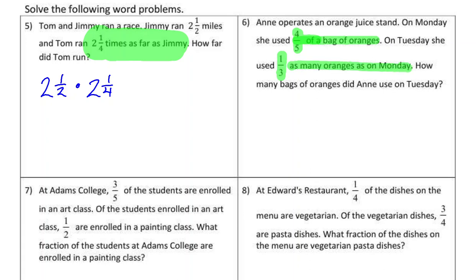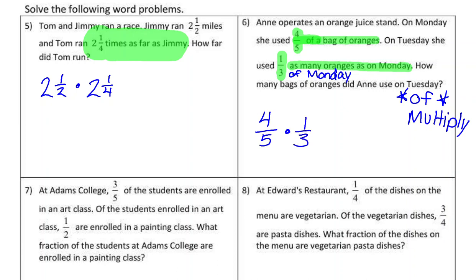So because 1/3 is a portion of the 4/5, you're going to multiply them together to figure out what is that actual amount that is the 1/3. Because you could rewrite this as 1/3 of Monday. And remember that word of means to multiply. Anytime you could rewrite it with of something, it's always going to be multiply. So this is going to be 4/5 times 1/3.